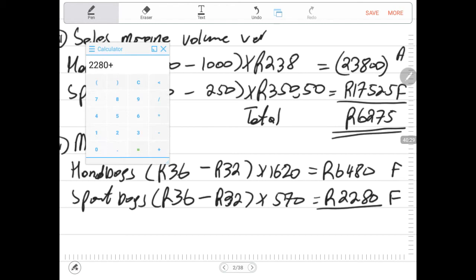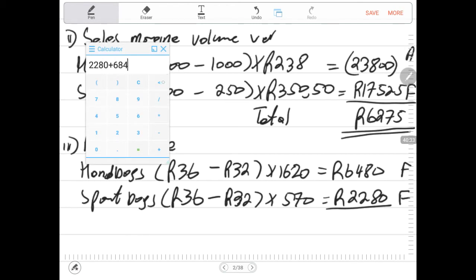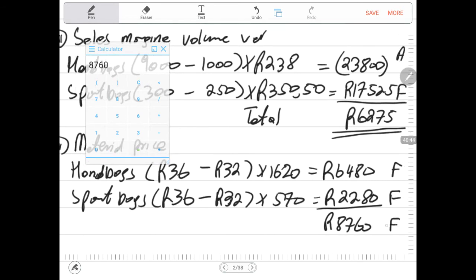We add the two, and it gives a total of 8760, and this is our favorable variance. So now this will be the total variance for the material price that is favorable.